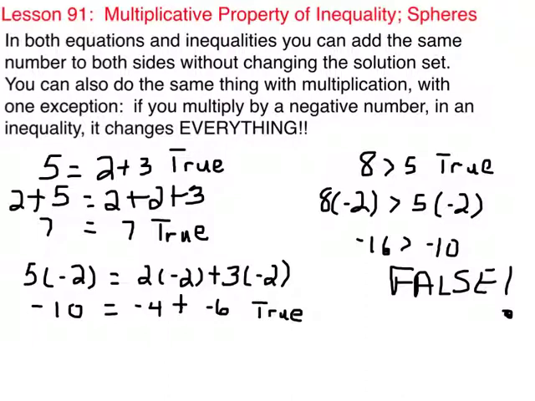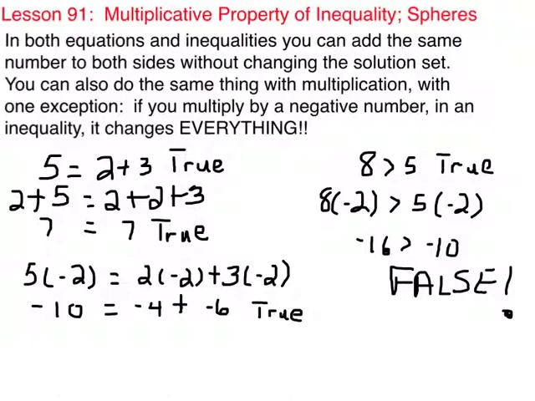If we have 5 equals 2 plus 3, and we know it does, and then we multiply every number by negative 2, we say 5 times negative 2 is negative 10. 2 times negative 2 plus 3 times negative 2, we have negative 4 plus negative 6. That also is a true statement.